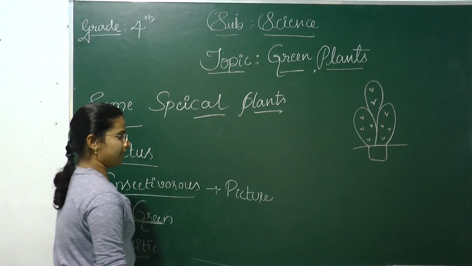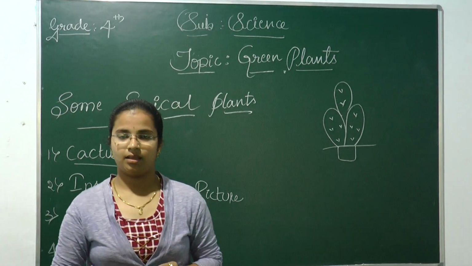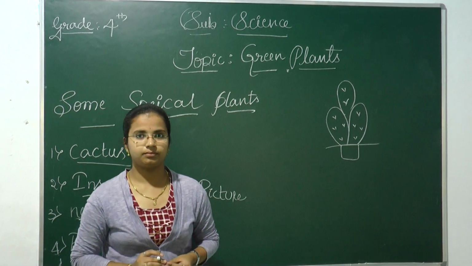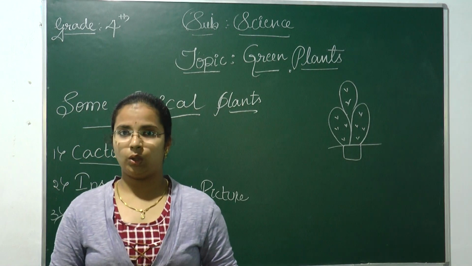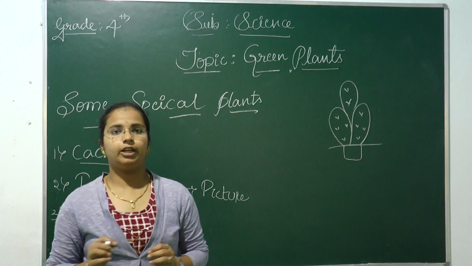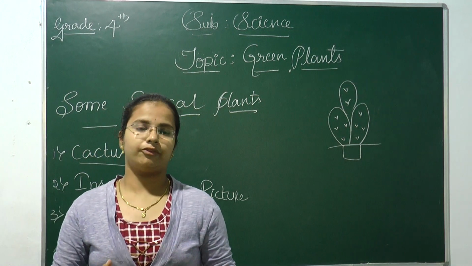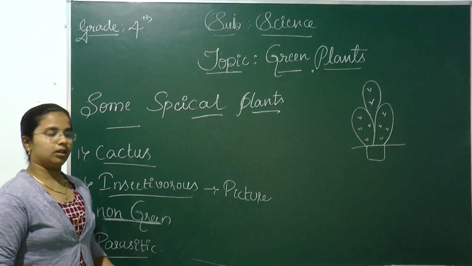The final one is parasitic plants. They are plants which grow with the help of other green plants. They do not have their own growth and depend on other green plants for their growth.